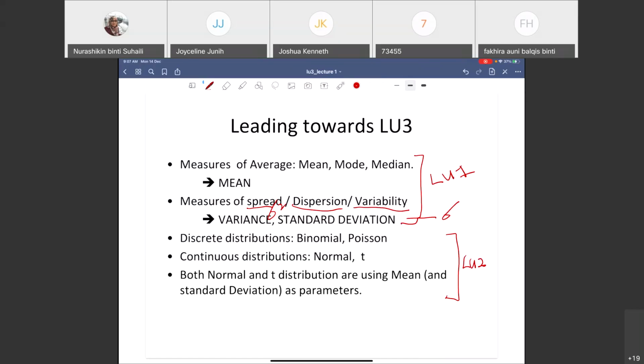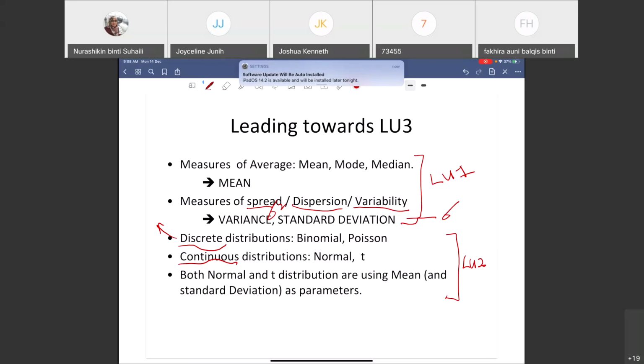Okay, right. So in LU2, we talk about discrete distribution. Okay, so first you have to know what is discrete and what is continuous. Discrete means it's just one number, without decimal points, like a whole number. So under discrete distributions, we talk about binomial and Poisson distribution.